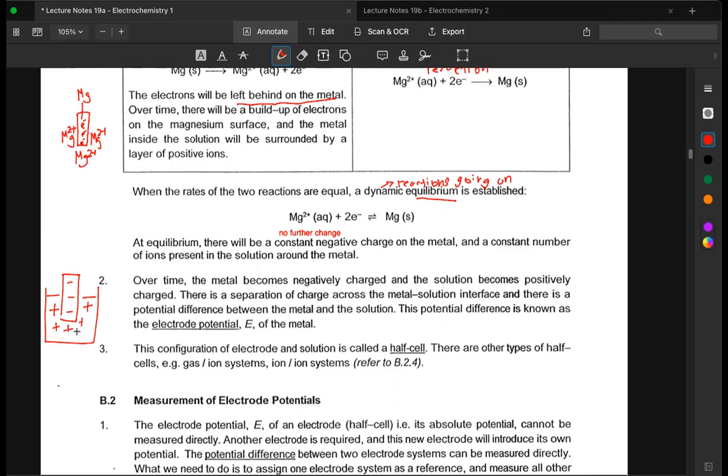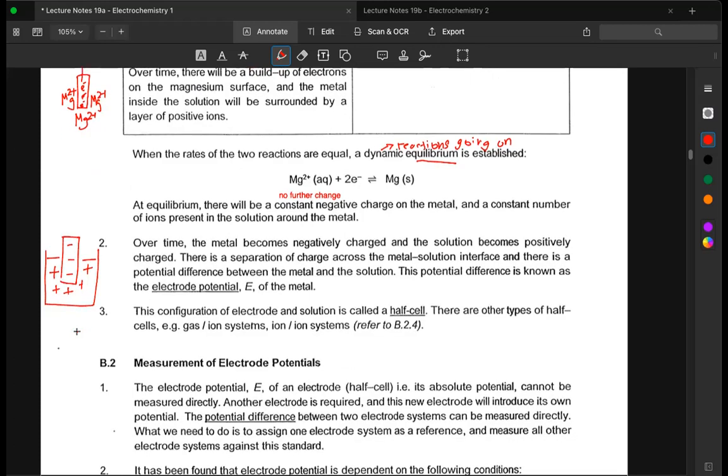That is how potential difference is generated. That is the understanding of how there is a potential difference. Potential difference occurs when there is a difference in potential, because the amount of charge is different. There is a difference between positive and negative charge.